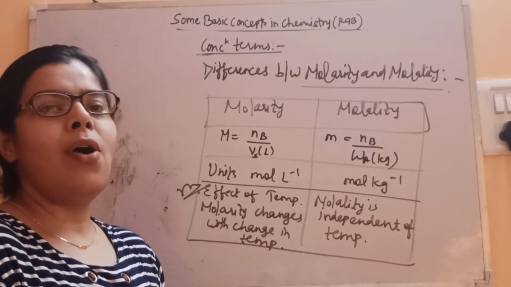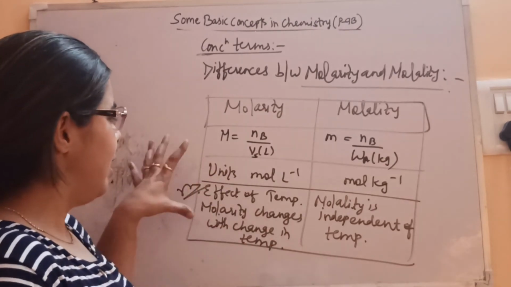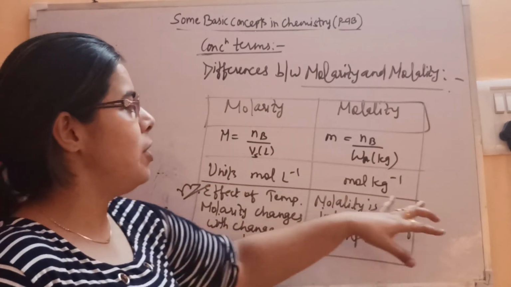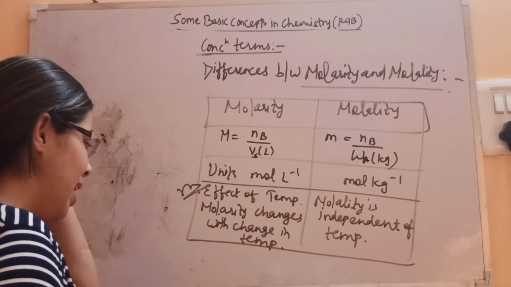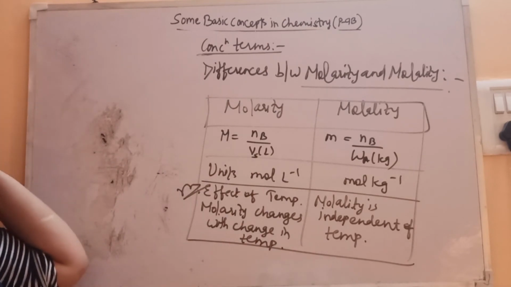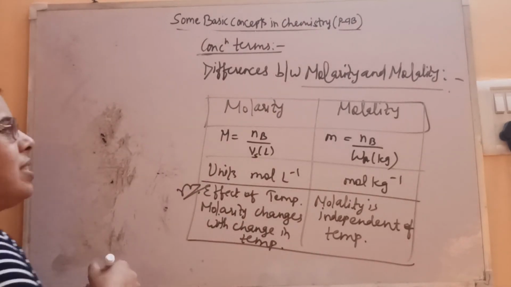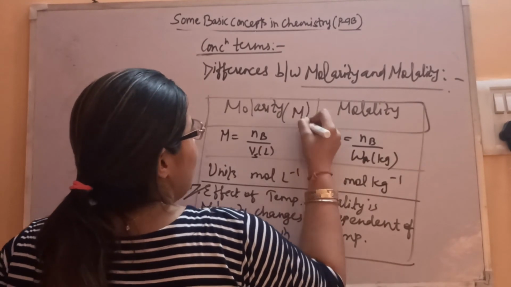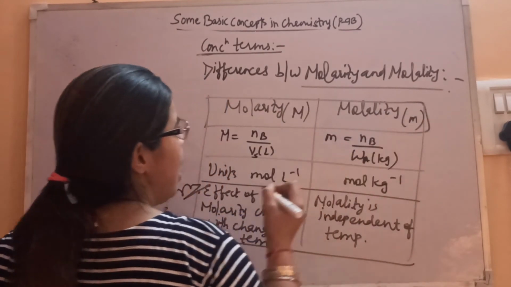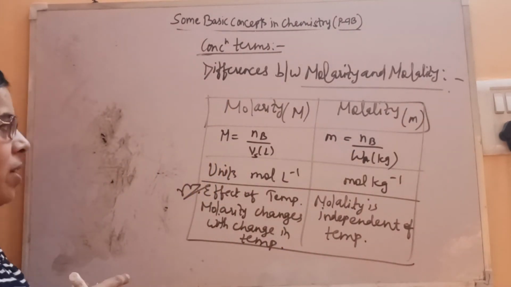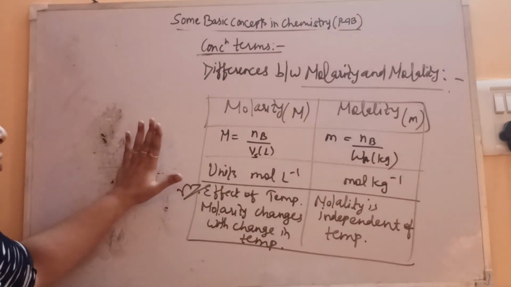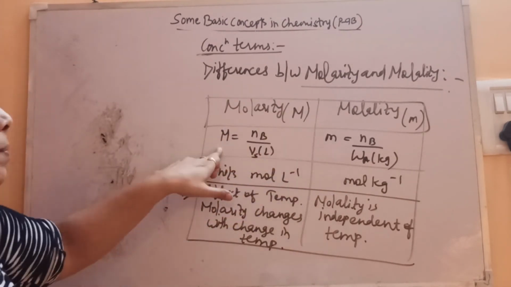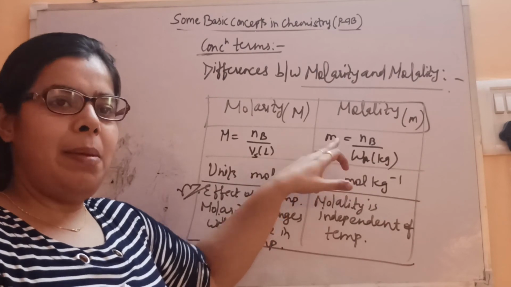There is no loss of matter in that. So that's why molarity is temperature dependent and molality is temperature independent. The question comes this way: out of molarity and molality, which one is temperature dependent and which one is independent? Molarity is temperature dependent, but molality is independent of temperature. The reason is this only: here it is volume, here it is mass.